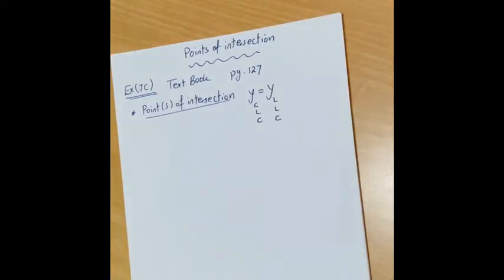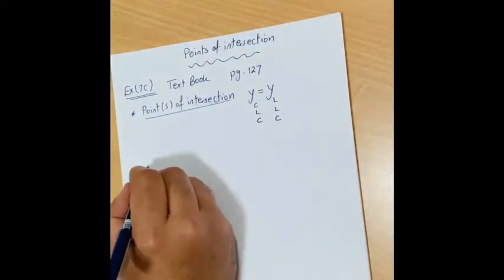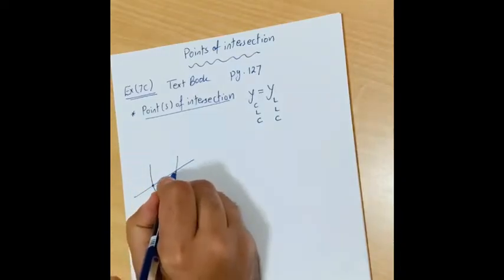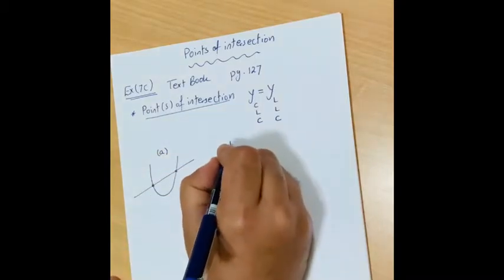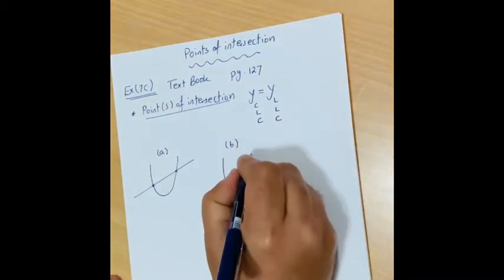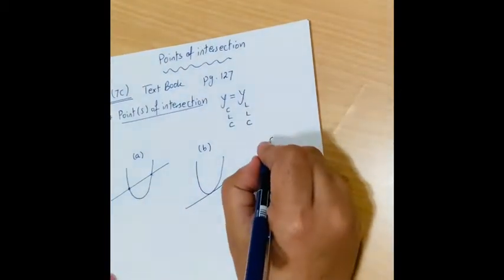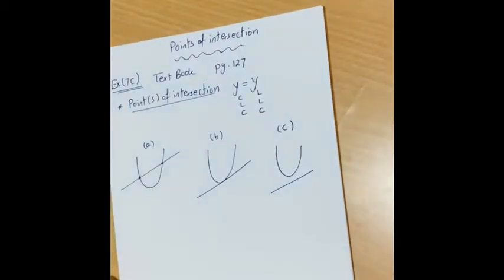Then we're going to go back to the rules that we studied in semester 1 using the discriminant. We have three cases. In the first case, the curve and the straight line intersect each other at two different points. This is case A. Case B, the curve and the line intersect each other at only one point. And the third case, the curve and the line don't intersect each other.